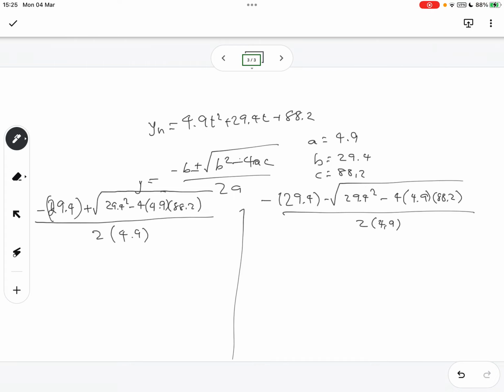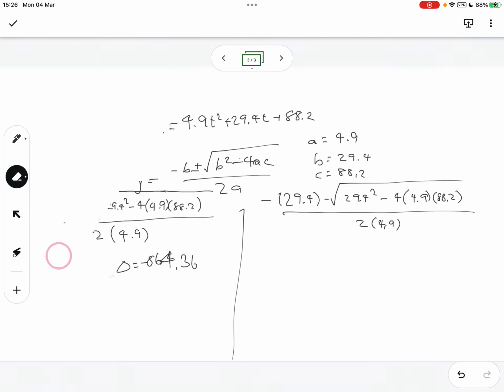I just want to see something. 88.2 times 4.9 times 4 equals, yeesh, minus that plus 29.4 squared.